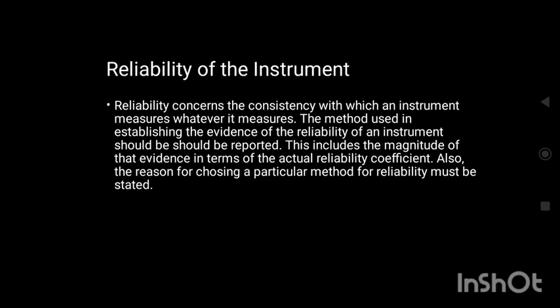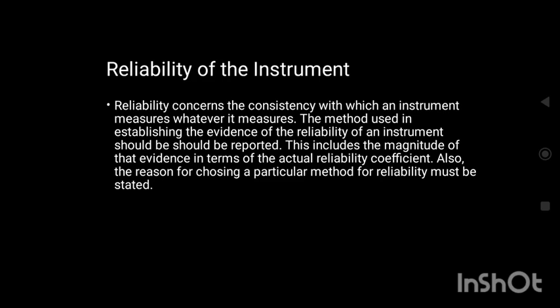And the closer an instrument is to 1, the more reliable it is. Let me say, for example, if you subject an instrument to a reliability test and you get something like 0.4, 0.3, 0.2, it shows that the instrument is not reliable.